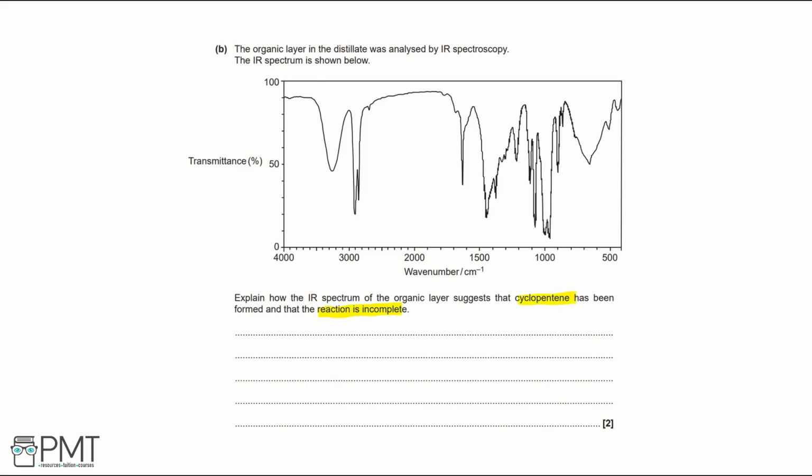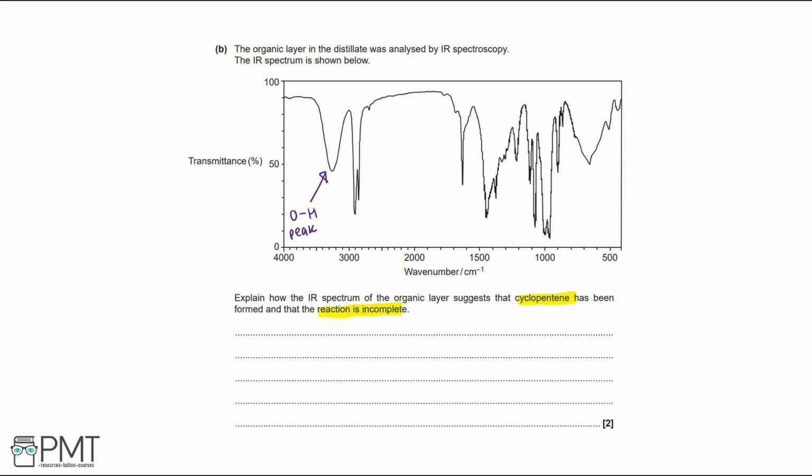If it's incomplete, that means we're going to have some cyclopentanol left. And we can see on the IR spectrum this smooth curve peak, which is our OH peak. This is probably the easiest peak to identify because it is a smooth curve and all the other peaks are going to be jagged.